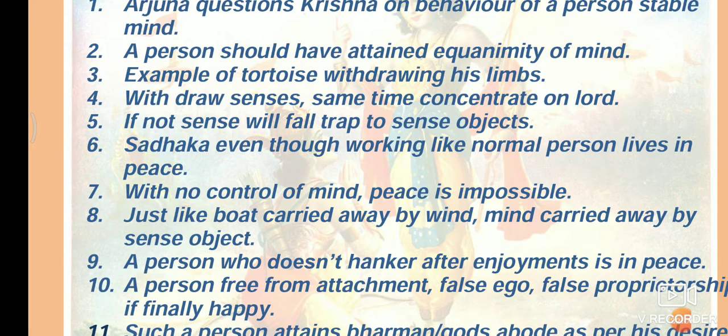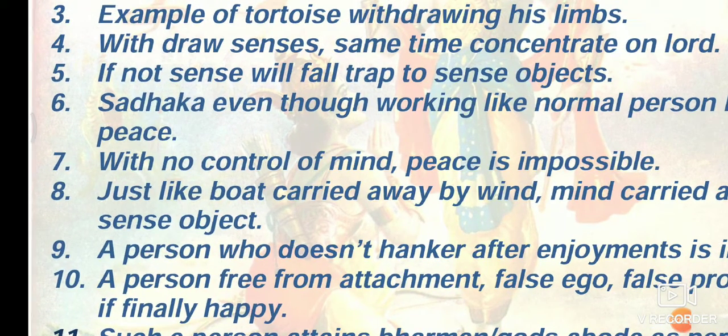That's what we learned in the previous shloka of the previous segment, that the karma yoga person engages in work but is detached from its results. So that skill is developed by a sadhaka, and that person will live in peace. But if a normal person, an unpracticed person, doesn't practice this art of controlling the mind, peace is impossible to him.